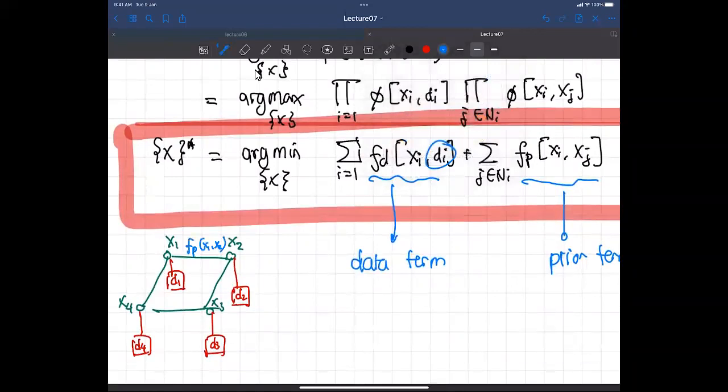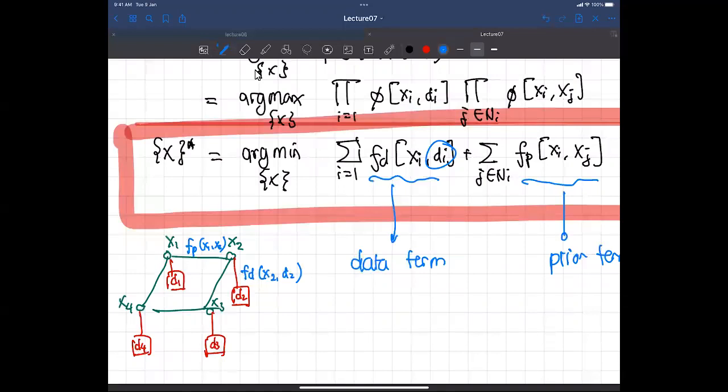And the connection between x2 and t2 is FT x2, t2. So based on this, FT and FP for every node, then we have a complete graph. A graph is called complete graph if we know the value for all the edges.